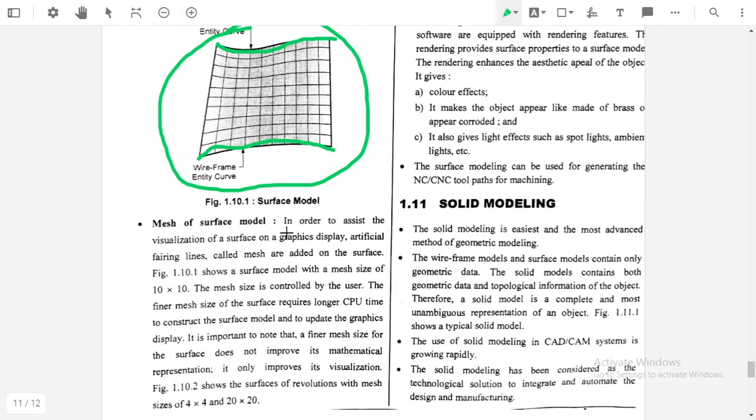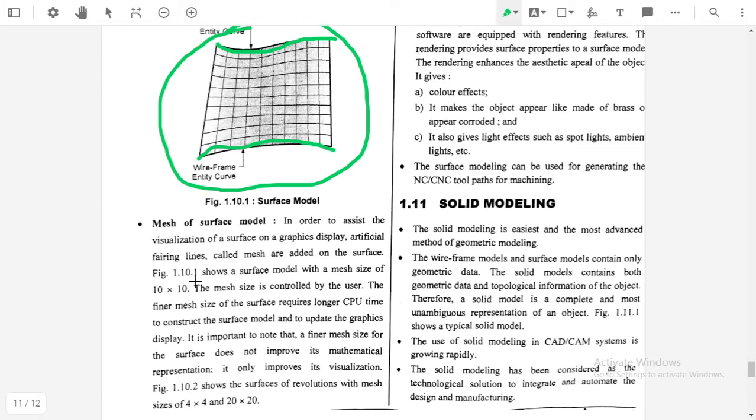Meshing is a very important part of the surface model. In this image, this network or net is called the mesh. As the space between the vertical and horizontal lines reduces, meaning we increase the meshing, a finer surface model will be obtained, and if we reduce the number of lines, then a coarse mesh will be obtained.